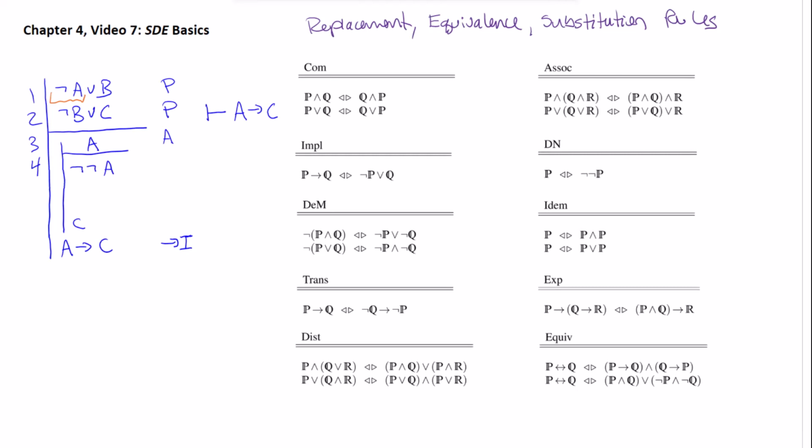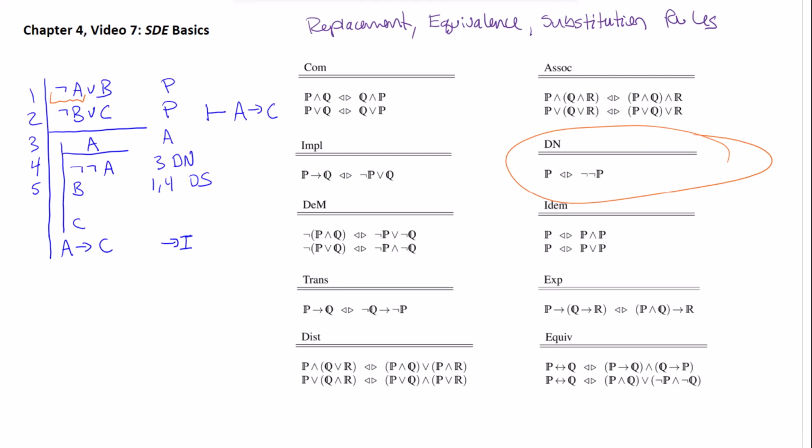But of course, with the double negation rule, I can get hook A from line 3 by double negation. That now gives me B from 1, 4 disjunctive syllogism. The rule doesn't appear on the screen here, but you can check.